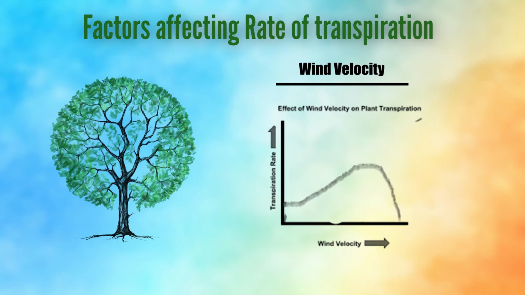When the wind is static or stagnant, the rate of transpiration is normal. But blowing of wind gently increases the rate of transpiration, because flow of air removes humid air from the vicinity of the plant.